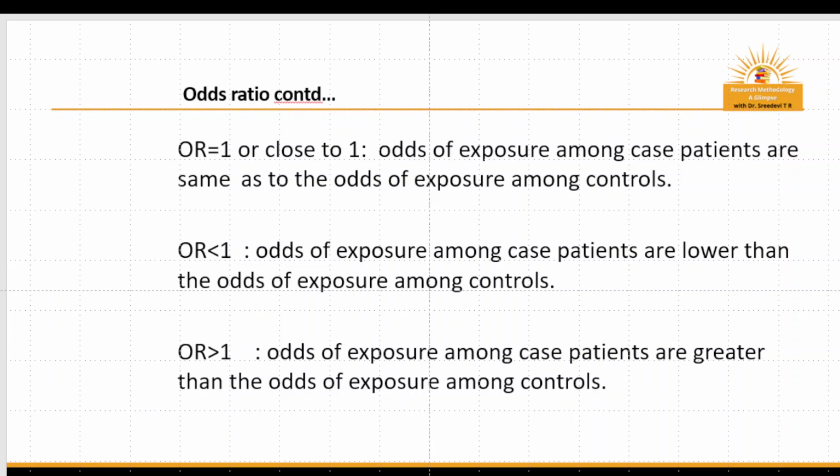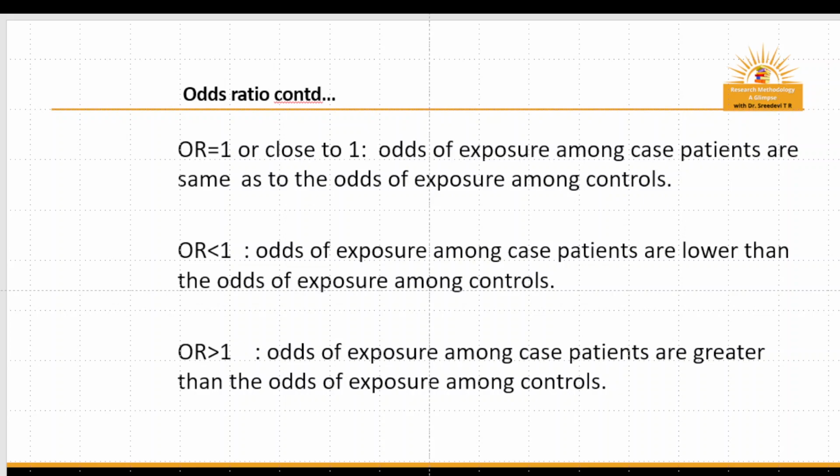Another example I will tell with hypertension and myocardial infarction or heart disease. 60 hypertensive patients, 50 of them have heart disease. 50 samples without heart disease, 10 have hypertension. How to calculate OR?